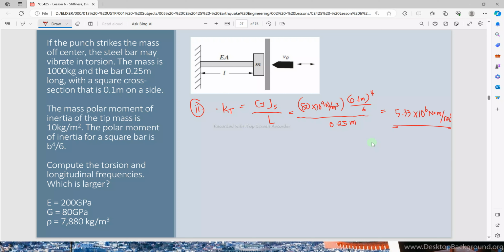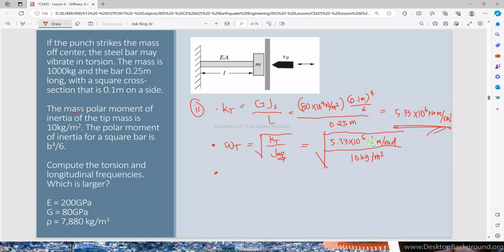So that is our torsional stiffness. Then our torsional natural frequency is just equal to the square root of the torsional stiffness over the mass polar moment of inertia. Here the mass polar moment of inertia is used instead of the mass. So that is 5.33 times 10 to the 6 Newton meters per radian over 10 kilogram square meter.